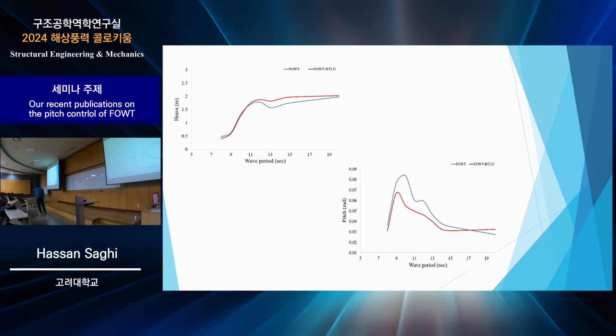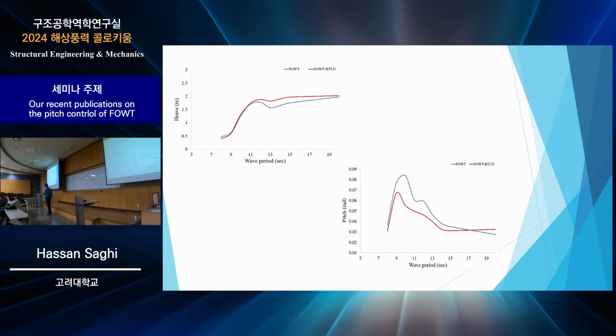In this figure, the blue one is the original floating offshore wind turbine without BTLD, and the red one is the integrated model, the integration of the floating offshore wind turbine and BTLD. You can see that for wave periods less than 17, the pitch motion is less.